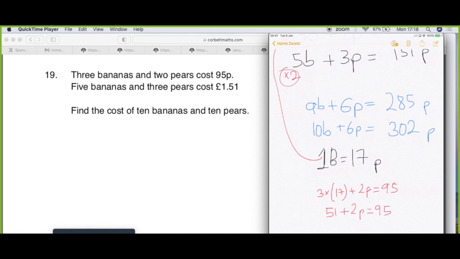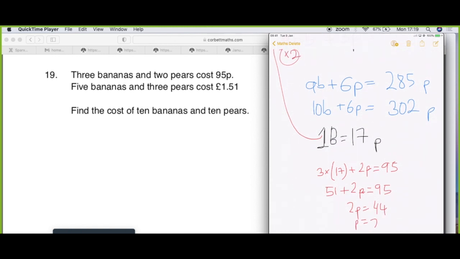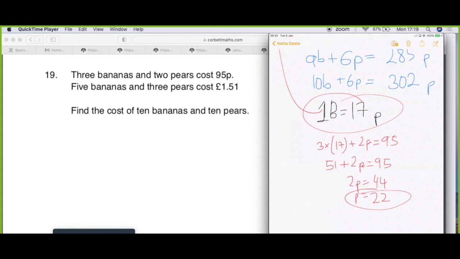And then like we said, 95 take away 51 is 44, and then p equals 44 divided by 2. That's 22, yeah. So the cost of a pear is 22, the cost of a banana is 17. To work out the cost of 10 of each, the banana is 17 times 10, that's so easy, 170, and the cost of 10 pears would be 220.